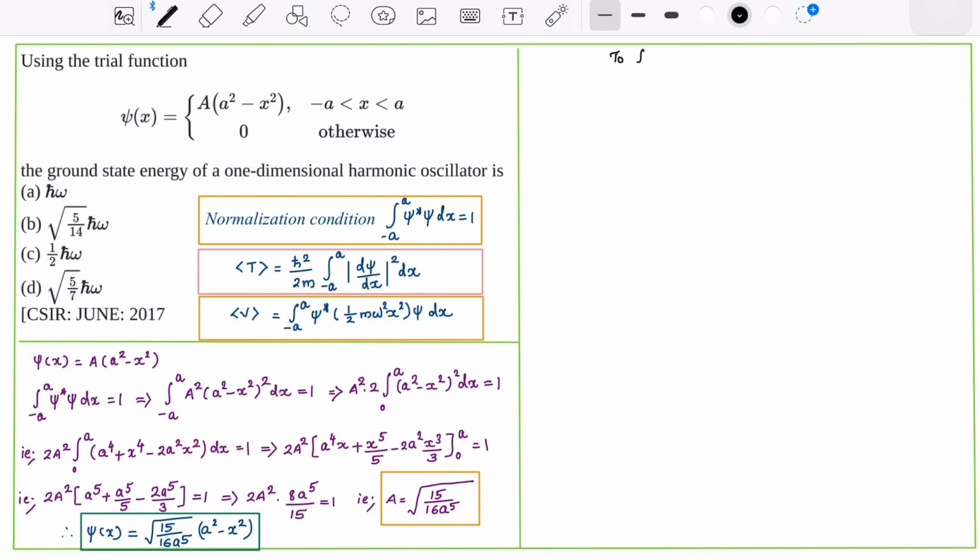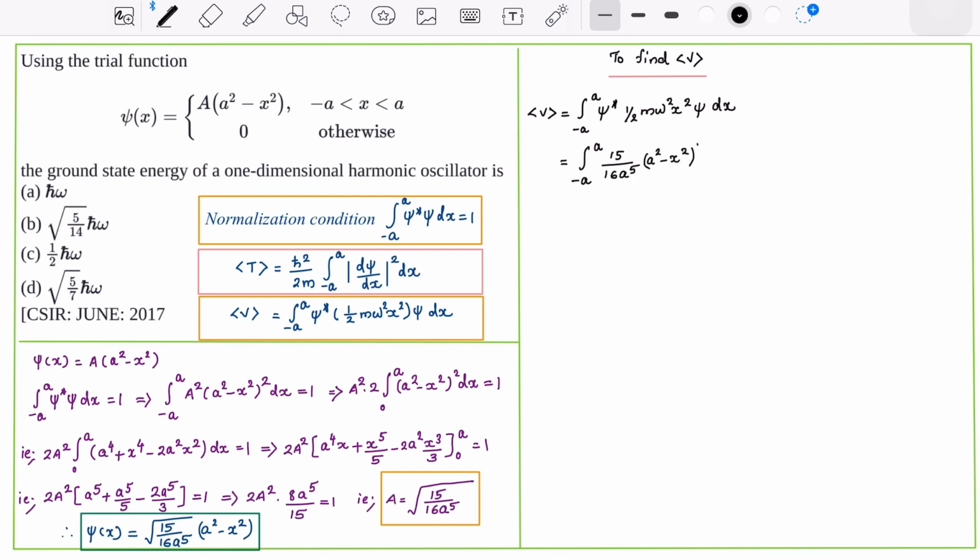First, let us calculate the expectation value of the potential energy. We have the formula: the integral from −a to a of psi star, half m omega squared x squared, psi dx, is equal to the expectation value of V, because for the harmonic oscillator V is equal to half m omega squared x squared.